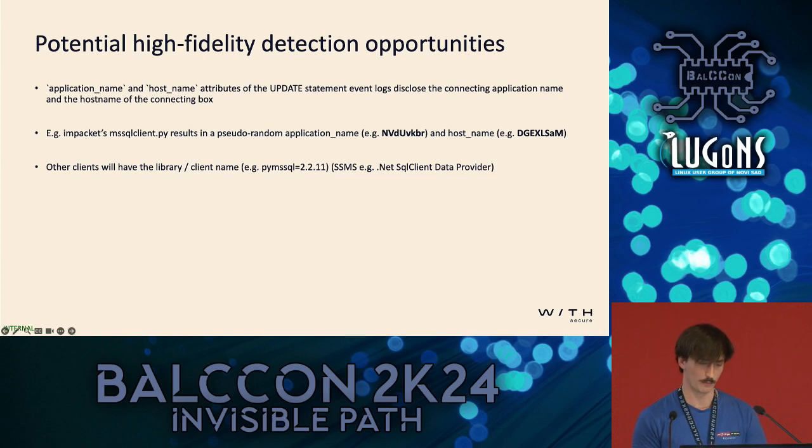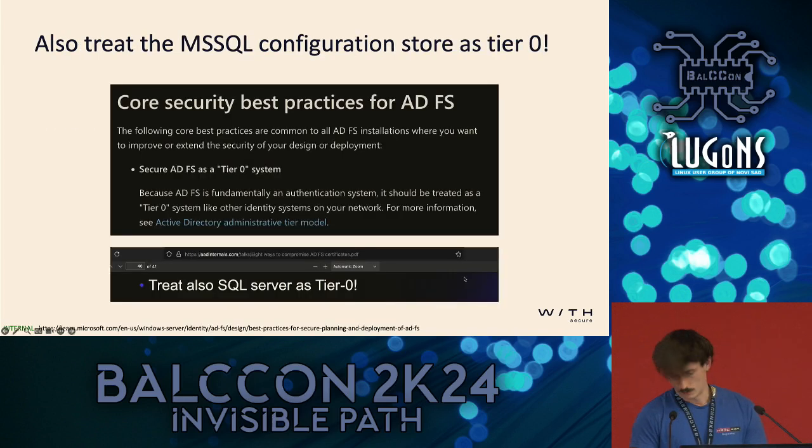The MSSQL client from Impacket just has a randomly generated host name of 8 characters, and application name of 8 characters. Super trivial way of detecting this. Other clients have different names, so .NET SqlClient Data Provider would be the built-in SSMS application. Same with PyMSSQL, it discloses the version name and the application name itself. So super trivial way of detecting.